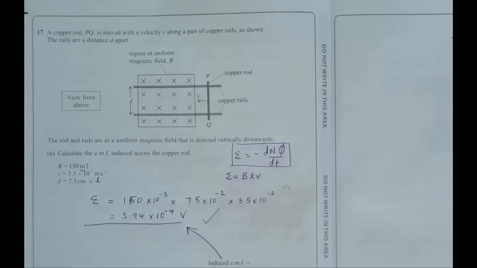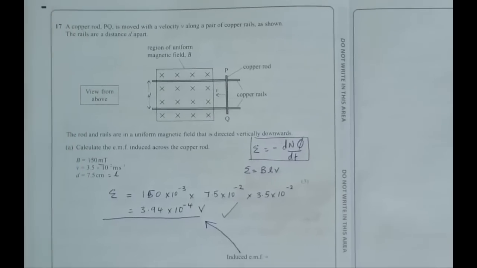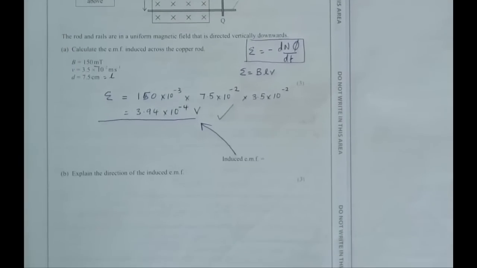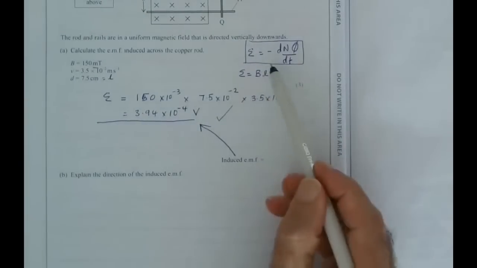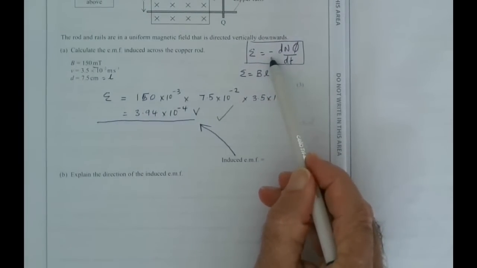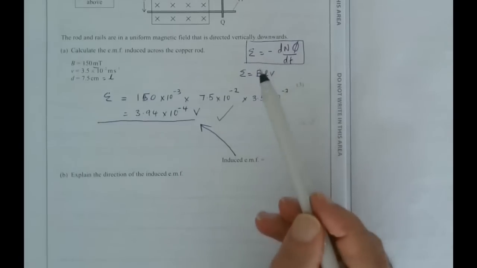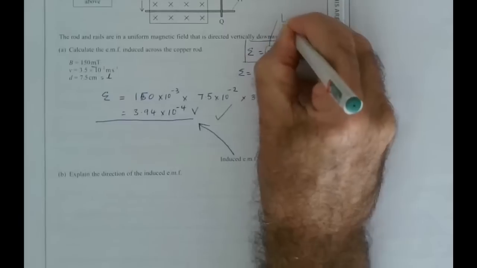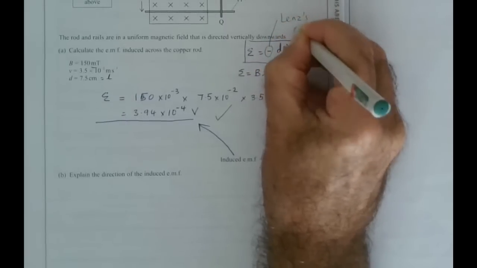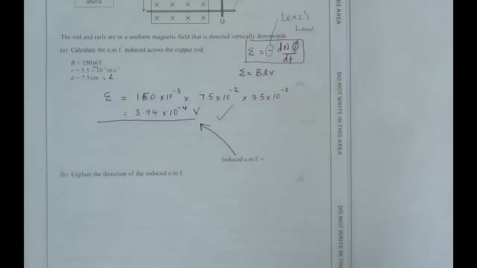Okay? Now, if we just move down the page, it then says, explain the direction of the induced EMF. Well, the direction is to do with a minus sign, yeah? So you need to now verbalize it. As you know, the minus sign is to do with Lenz's law, which is to do with the conservation of momentum.